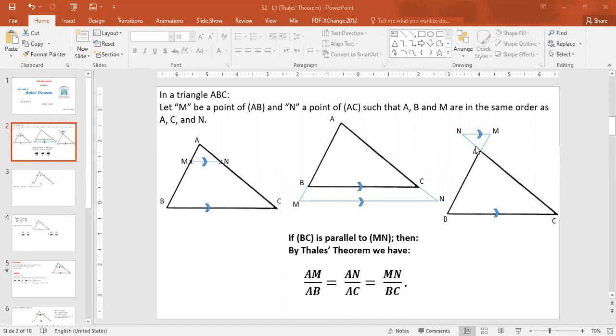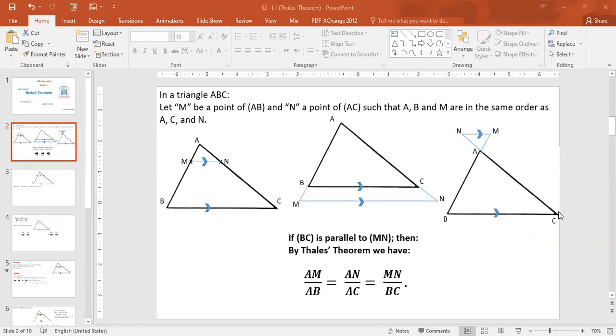Okay, as you can see, Sarah, here I have two triangles now. I have a big triangle ABC and a small triangle AMN, right? Yes. So how should we apply Thales theorem? It's very easy. If you start the first ratio, AM over AB is equal to AN over AC is equal to MN over BC.